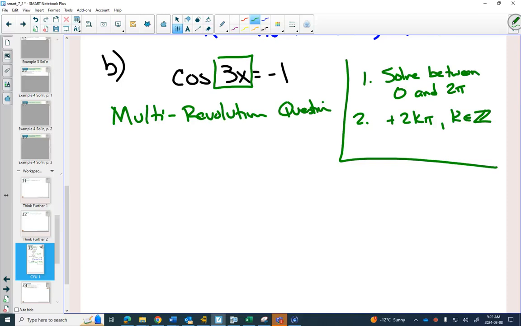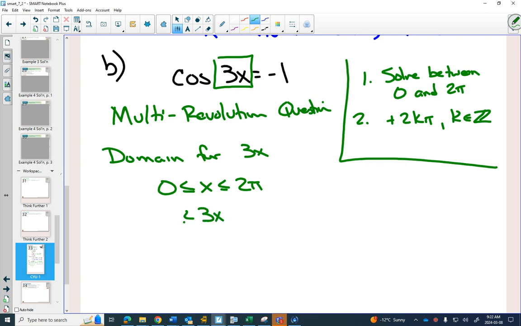Well, first we rewrote the domain. And if we're solving between 0 and 2 pi for x, so we want to get x between 0 and 2 pi, then 3 x's. If I triple everything, the domain for 3x will be between 0 and 6 pi.